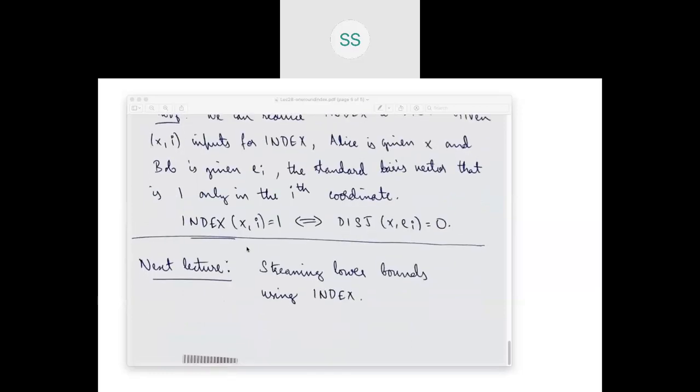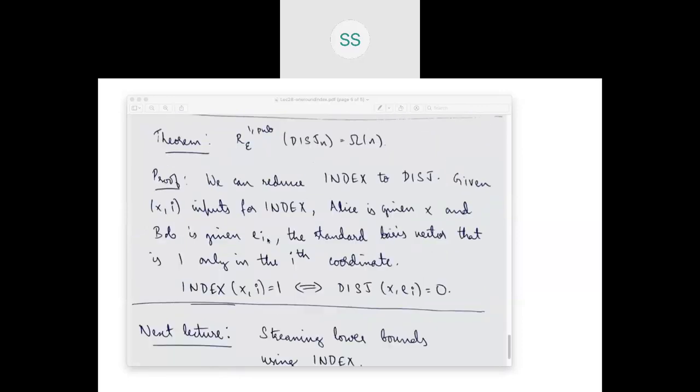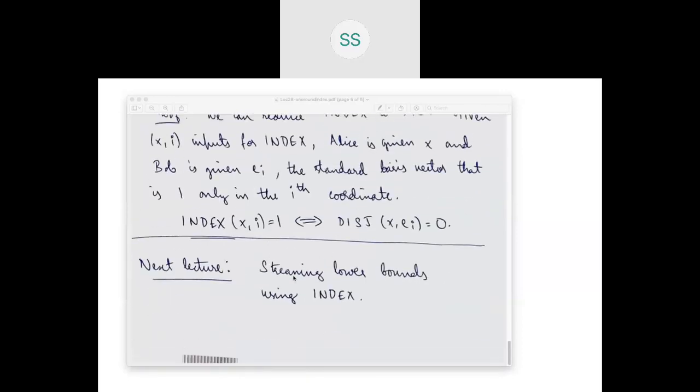Okay, so next class. Why did we do all this? One, it's interesting. The next thing is that in the next classes, we are going to see streaming lower bounds using index. This one round result is particularly useful for one-pass streaming protocols.